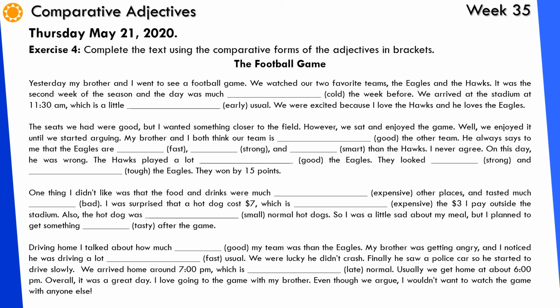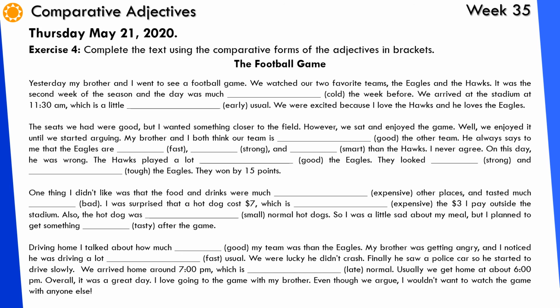Exercise 4. This one is for Thursday. Complete the text using the comparative forms of the adjectives in brackets. I'm going to help you with the first one. Yesterday, my brother and I went to see a football game. We watched our 2 favorite teams, the Eagles and the Hawks. It was the 2nd week of the season, and the day was much [cold] the week before.